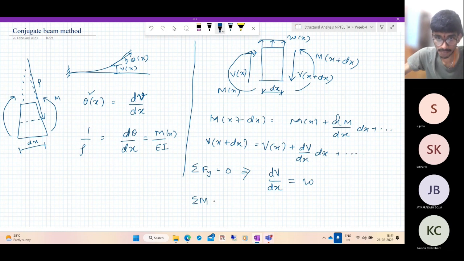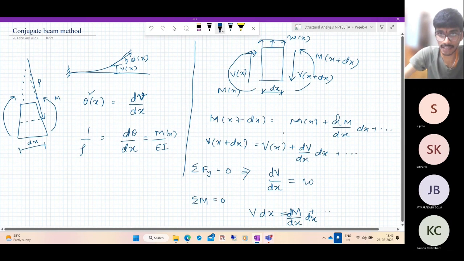And if you say sigma m is equal to 0 about any point, you will get a moment of v dx equal to the change in m. Again, there are higher order terms, but those can be neglected. There is an m this side, there is an m this side.